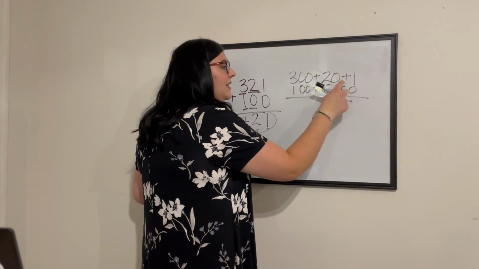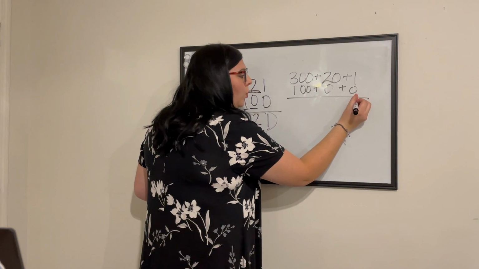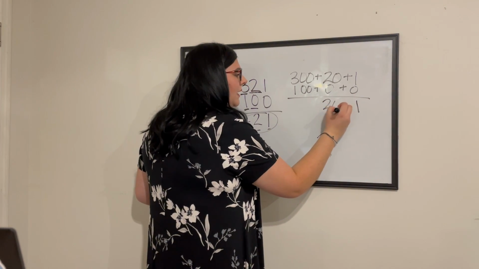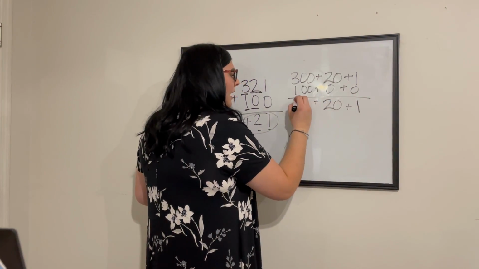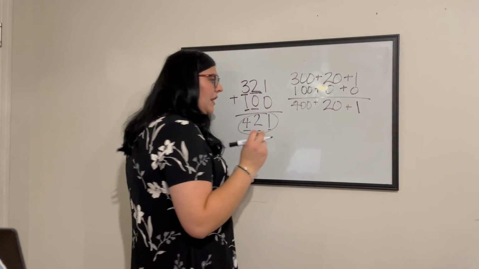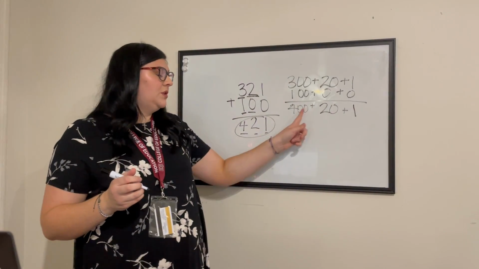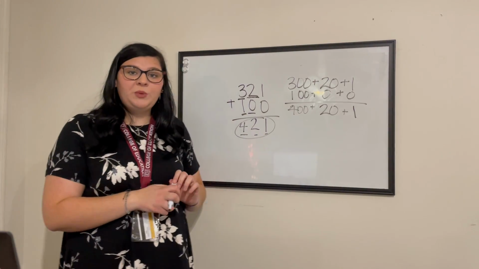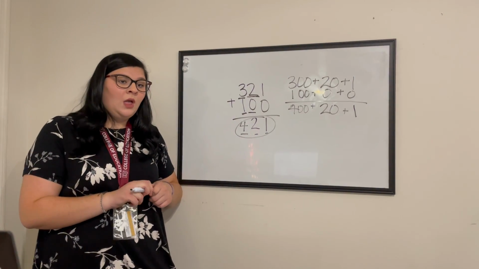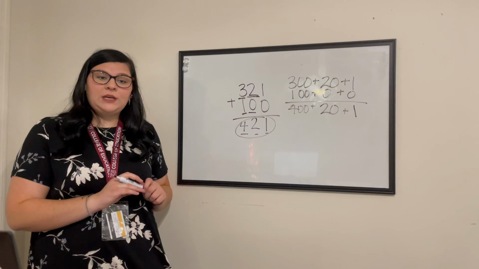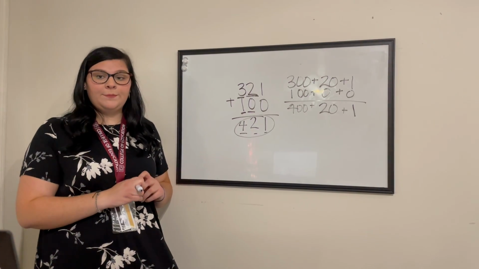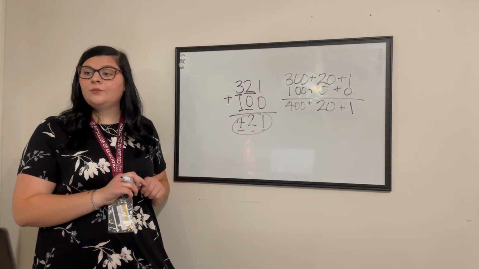And if we added these digits, we would get 1, 20, and 400. So can everyone take a second and do the standard form of this one on your whiteboards, please? Just give me a thumbs up when everyone's done, all right?